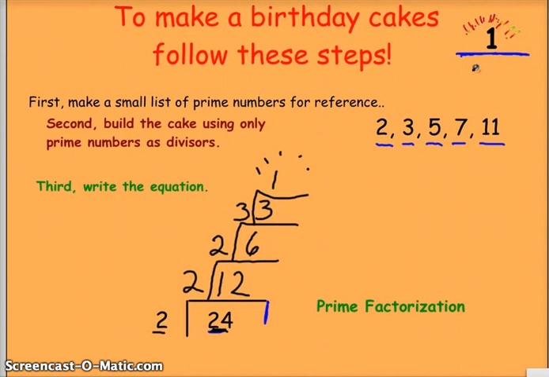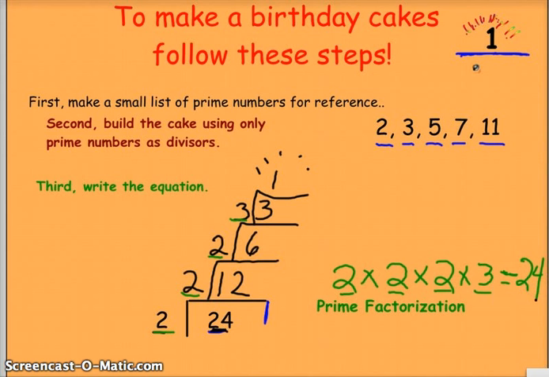I have now done a prime factorization for 24, and that factorization is 2 times 2 times 2 times 3. I got those from the 3 2's and a 3. Let's check it. 2 times 2 is 4, times 2 is 8, times 3, in fact, is 24.